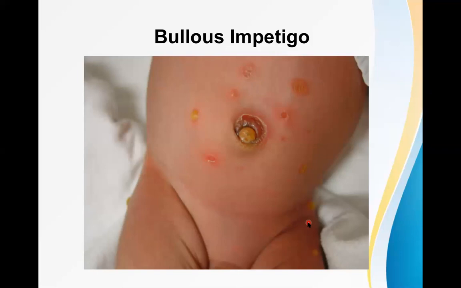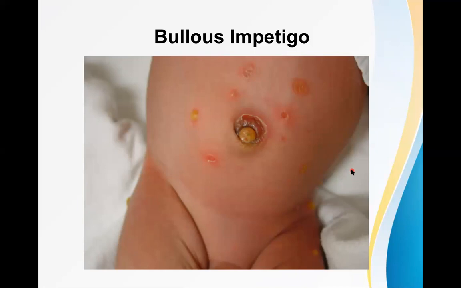Now what is the treatment? What type of treatment would you like to give here? Sir, antibiotics. Penicillin. Okay, antibiotic definitely. So which type of antibiotic? That's my question. Remember, the organism is Staph aureus. Yes, sir. Broad spectrum penicillin.